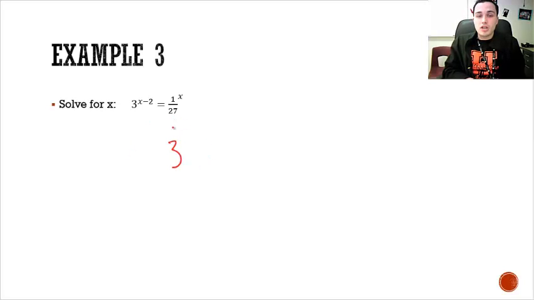So again, this 1 over 27, I'm going to make that base 3, and then the correct exponent that makes it match is negative 3. That's what this is all about, finding the exponent that it takes to make this equal that 1 over 27.